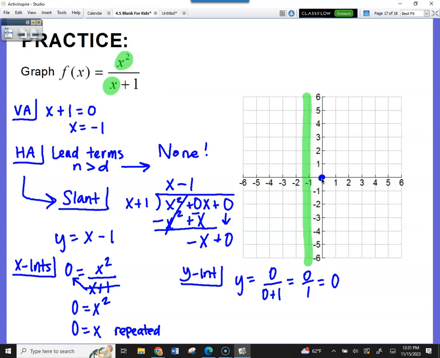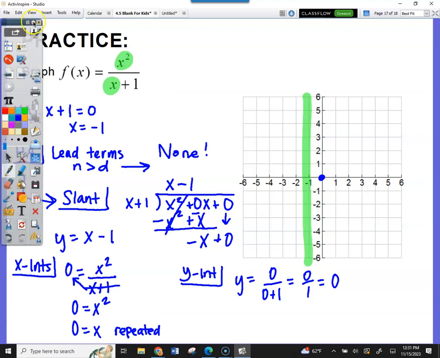Now we don't have our slant asymptote graphed, so let me graph that. Negative 1, rise 1, run 1. So negative 1, rise, run, rise, run. There we go, I can see it. So there's my slant. So can I infer that one goes this way, and one of them goes this way?